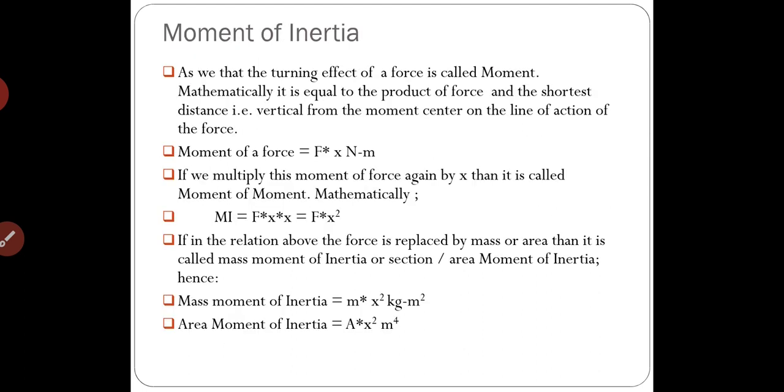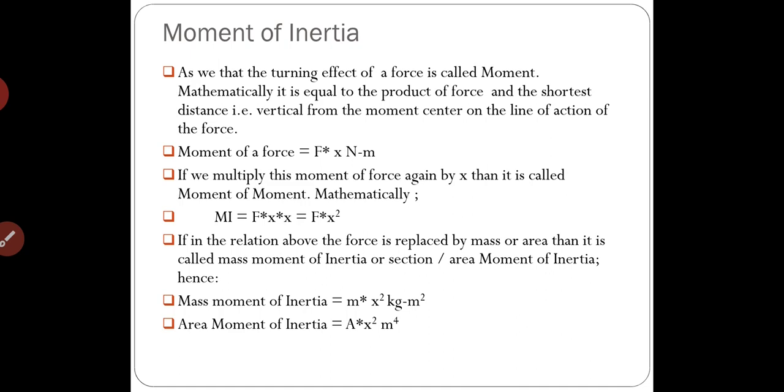Then moment of inertia, again, as we know that the turning effect of a force is called moment, and mathematically it is equal to the product of force and the shortest vertical distance from the moment center to the line of action of the force. Moment of force is force into vertical distance x, Newton meter is the unit.